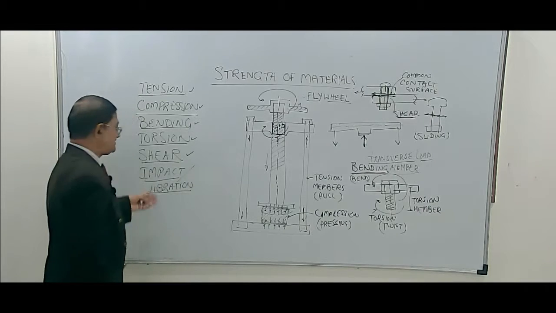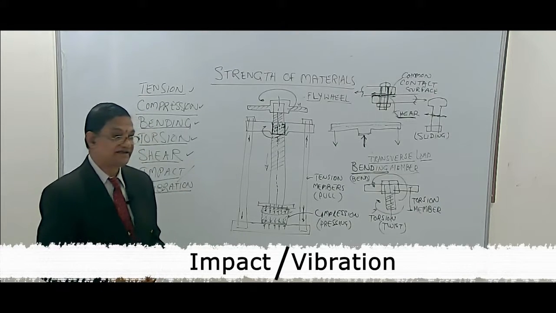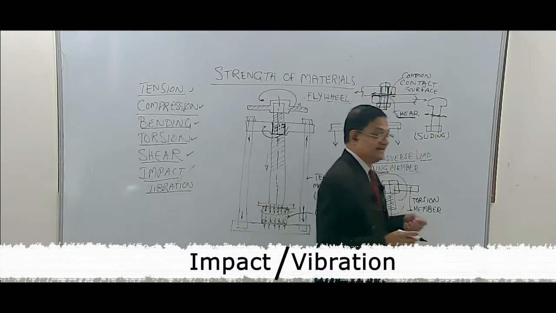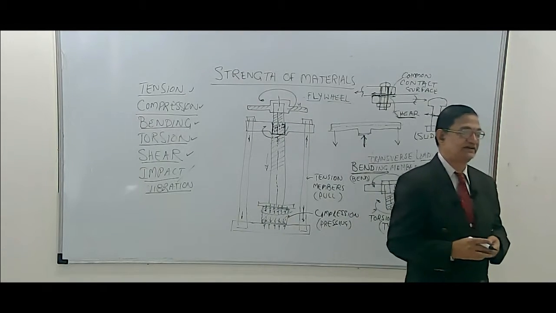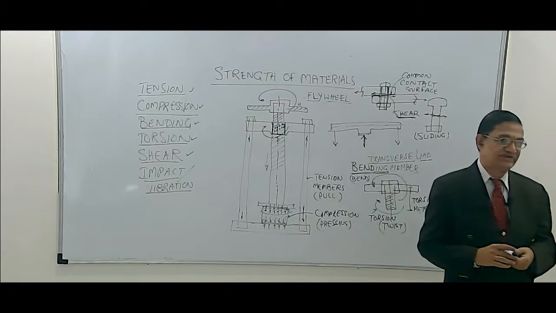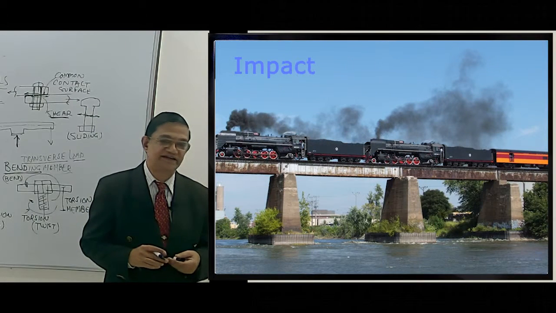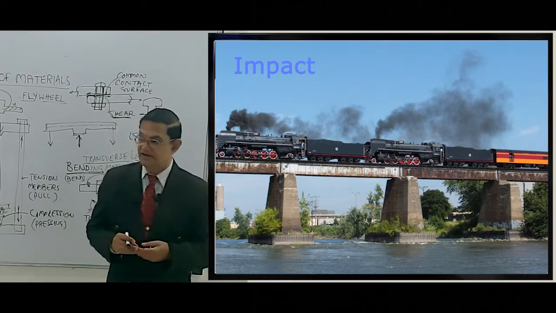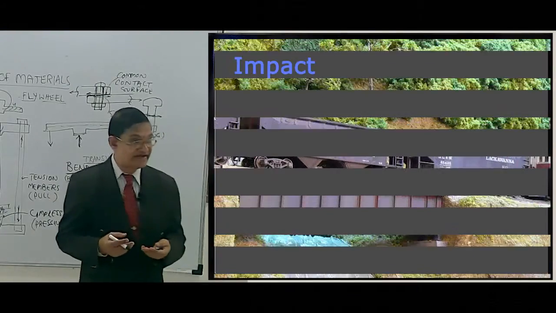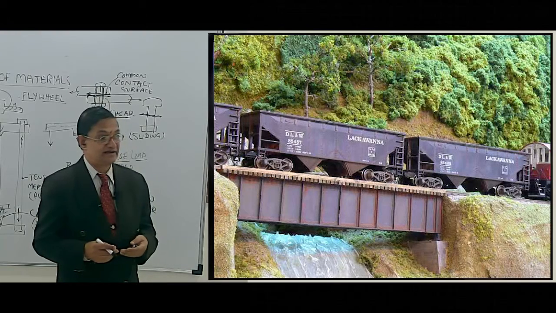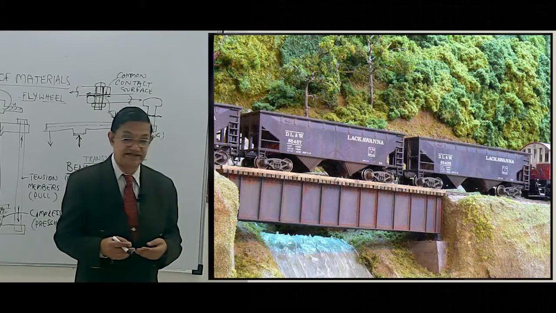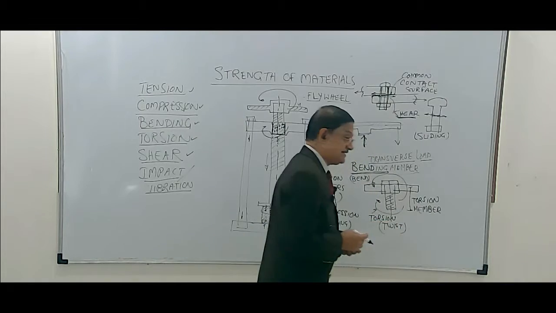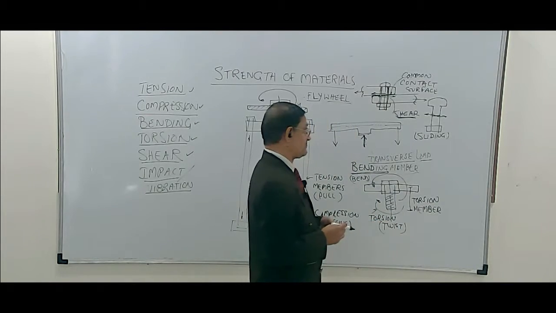The last one, impact or vibration, is a phenomenon which is mostly observed in the case of moving loads, like the beams of a railway bridge or a road bridge, then beams supporting the machinery like a turbo generator of a power plant.